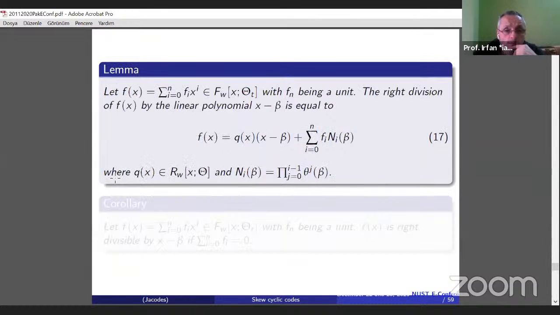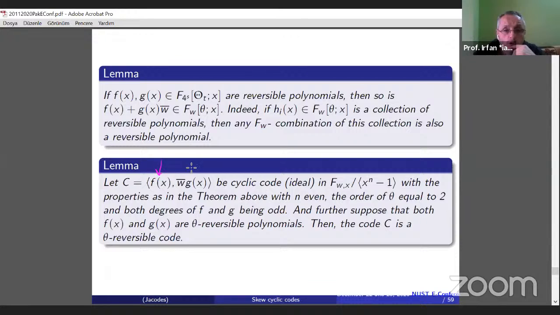So here is another lemma, which says if you pick two polynomials, f and g, where W bar is W plus 1, and since the characteristic is odd, it's the same as W minus 1. It's a cyclic code, an ideal in this ring, with the properties as in the theorem.